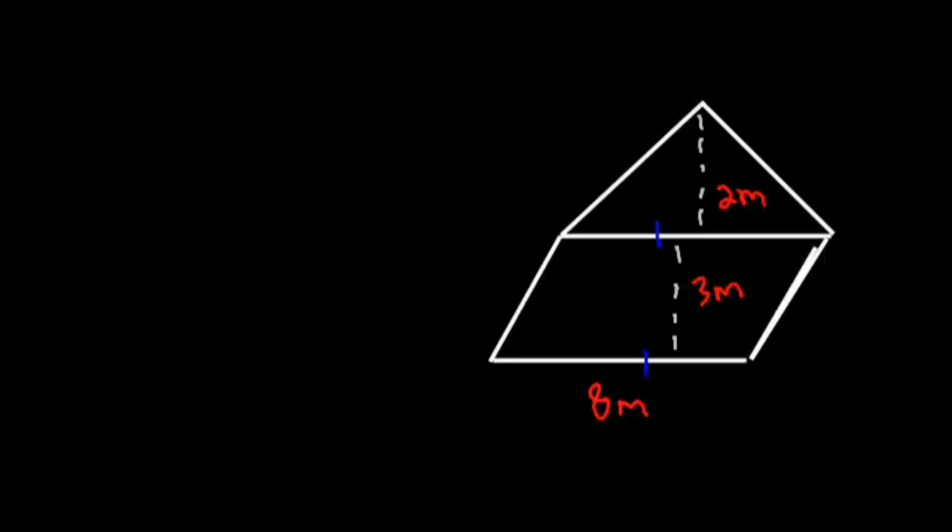Okay, we have another shape to find the area of. It is made of a parallelogram and a triangle. So the total area is just going to be the area of those two shapes added together. So I'll delete that.